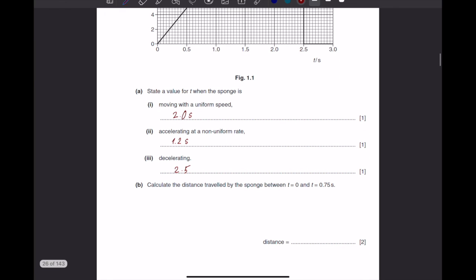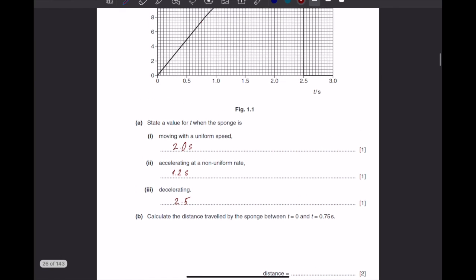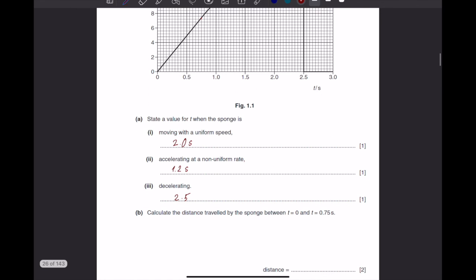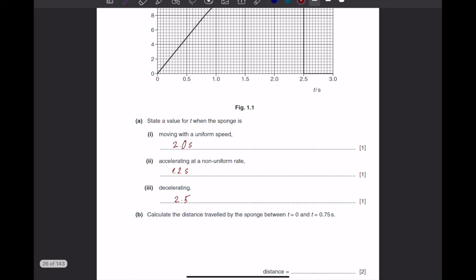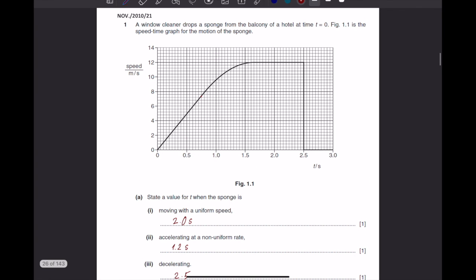It also says calculate the distance traveled by the sponge between 0 and 0.75 seconds. To find the distance traveled from 0 to 0.75 seconds, that should be the area under the graph. I'm going to carefully read 0.75 on the x-axis and its corresponding y value. If 2 is represented by 5 boxes, each box must be equal to 0.4: 6.4, 6.8, 7.2, and 7.4.